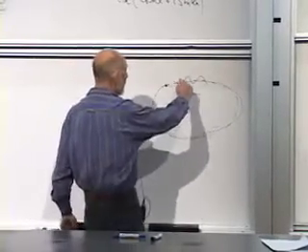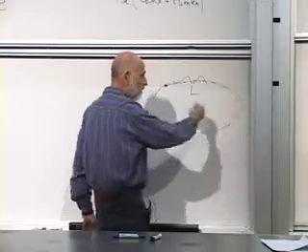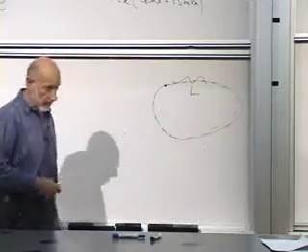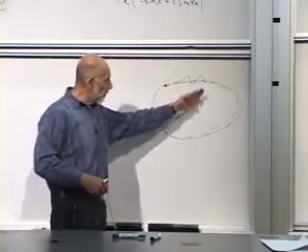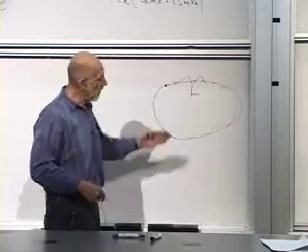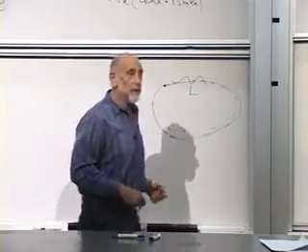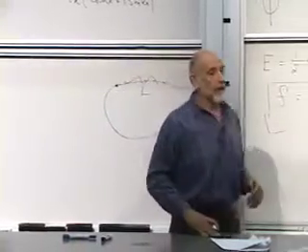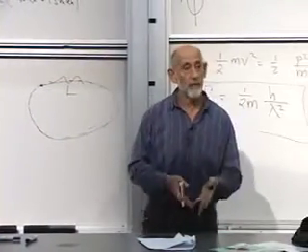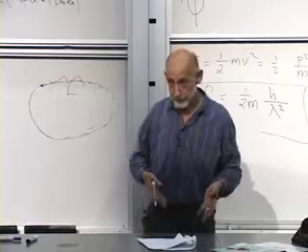If we're going to put a wave in there, a sine or a cosine wave or whatever, an integer number of wavelengths has to fit onto the circle. That means that the wavelength has to be equal to the length around divided by an integer.